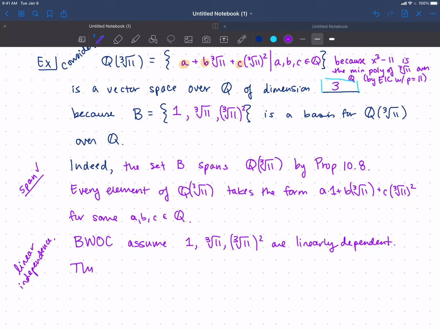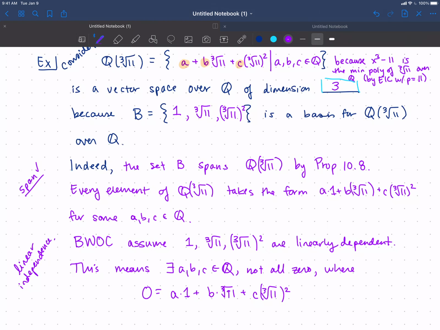This means that there exist A, B, C in Q, not all 0, where 0 looks like A times 1 plus B times cube root of 11 plus C times cube root of 11 squared.